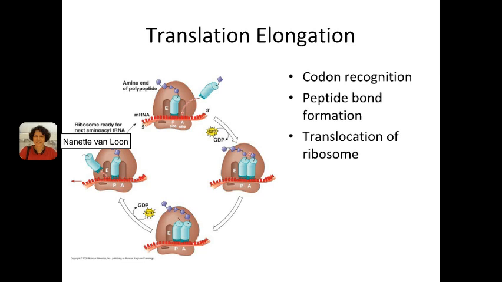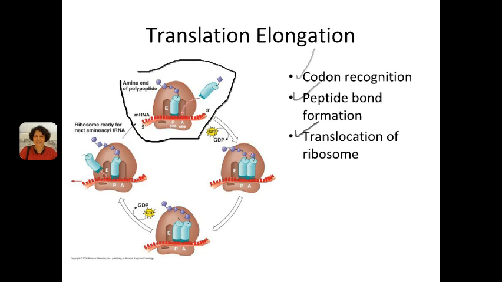Elongation is a series of steps that goes in a cycle. It includes the recognition of the codon, the formation of a peptide bond, and the movement or translocation of the ribosome. On the top, we see the first step, the recognition of the codon, and that recognition is between the codon of the messenger RNA and the anticodon of the transfer RNA.